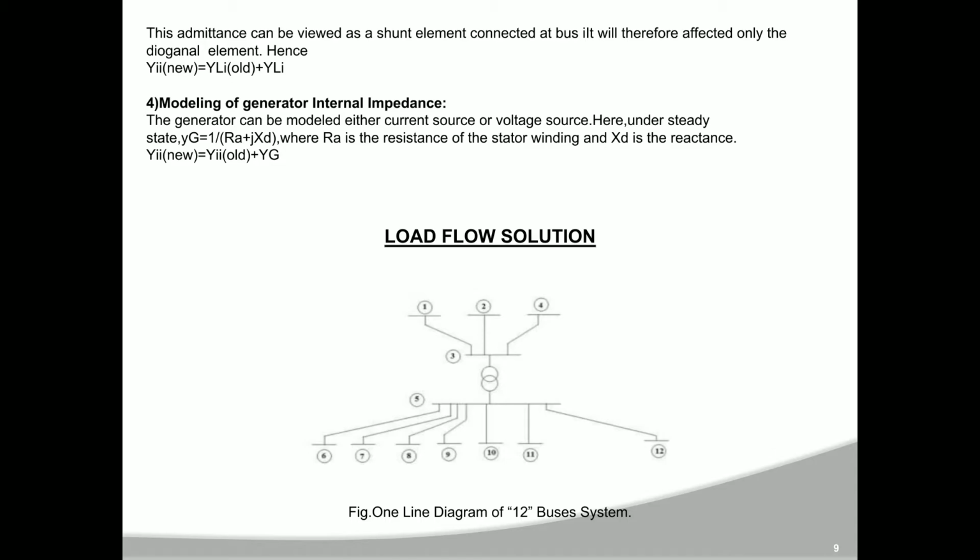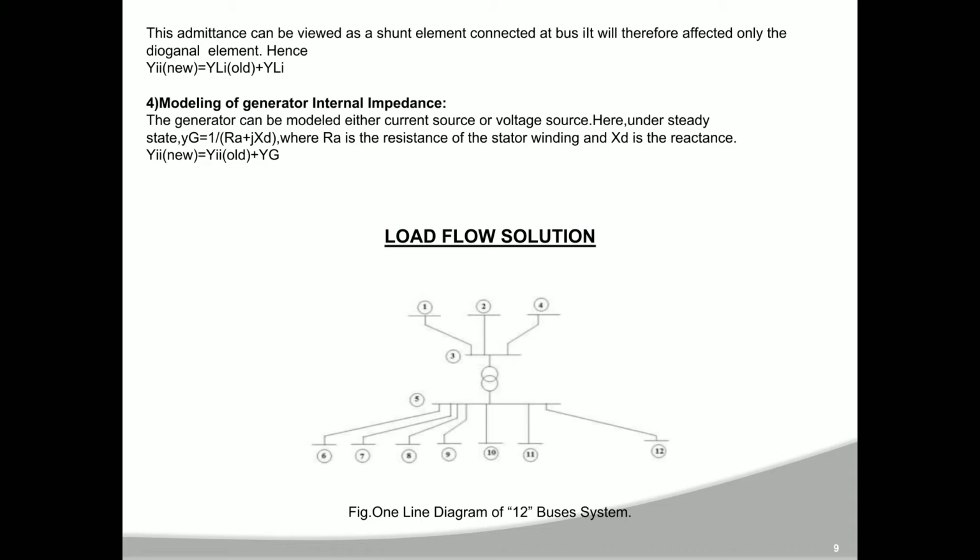The admittance can be viewed as a shunt element connected at bus I, and will therefore affect only the diagonal element. Hence, Y_II new is equal to Y_II old plus YLI.